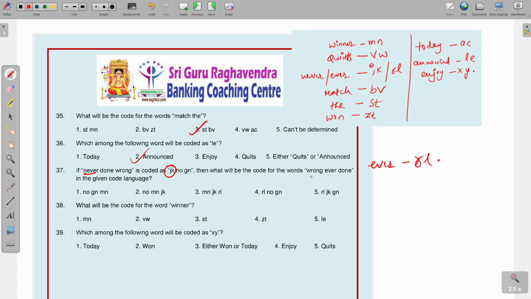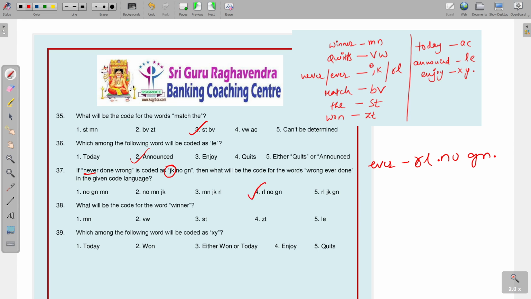The code for wrong is NO and GN, and done is also NO and GN. So it is NO, RL and GN. Option 4 is the answer.